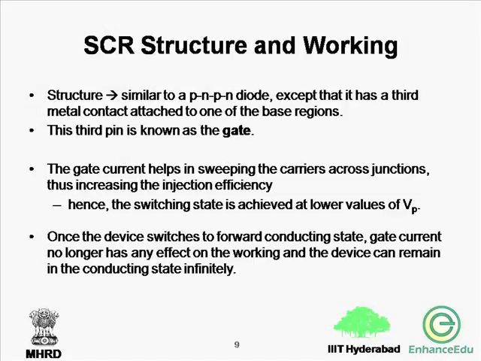Hence, the switching state is achieved at lower values of VP, that is the peak voltage. Once the device switches to the forward conducting state, the gate current no longer has any effect, and the device can remain in the conducting state for an infinitely long duration. Hence SCRs are very commonly used in switching applications.